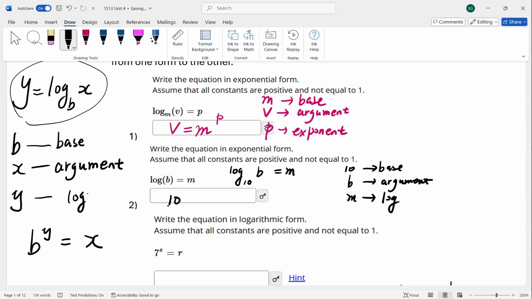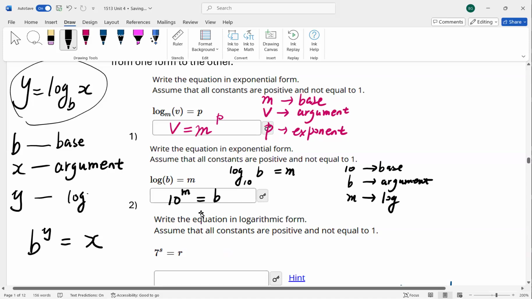And then remember, the log is a piece of wood that goes on the shoulder of the base, equals the argument b, and that's the equation in the exponential form. So you just write b equals 10 to the power of m, or 10 to the power of m equals b.